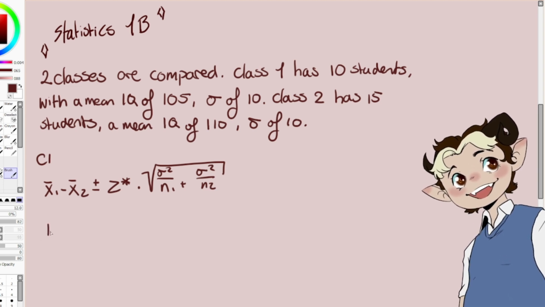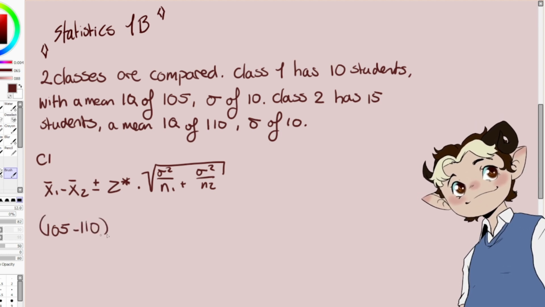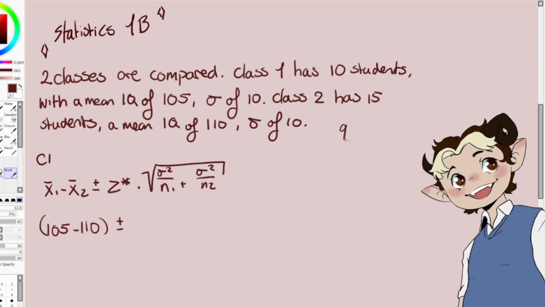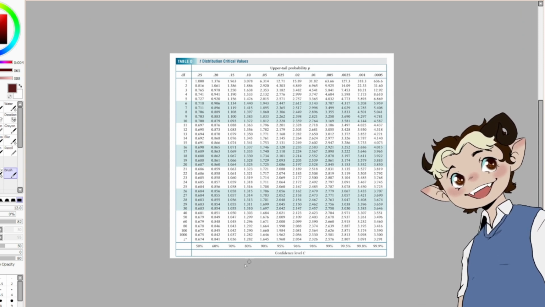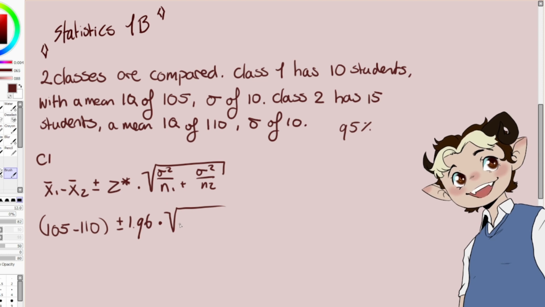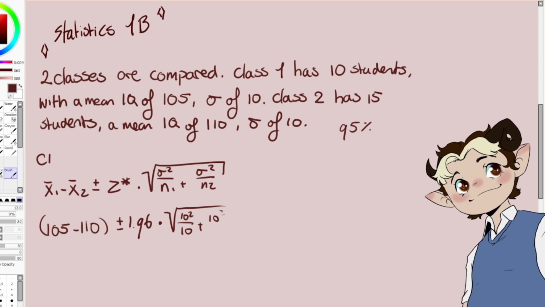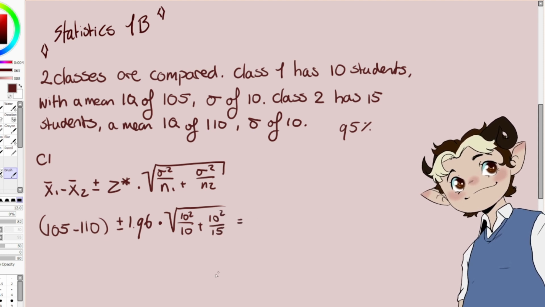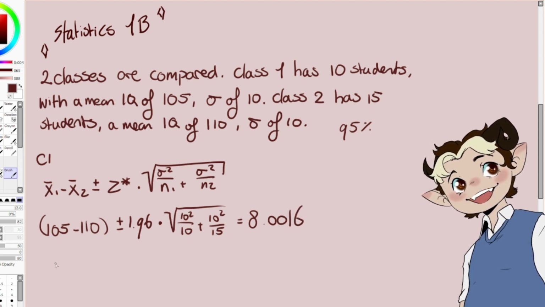We're going to plug it in, so that is 105 minus 110 plus minus, and we're going to give them 95% confidence, because it's almost always 95%. We can see the z is 1.96 times the standard error, which is 10 squared divided by 10 plus 10 squared divided by 15, which gives us 8.0016.